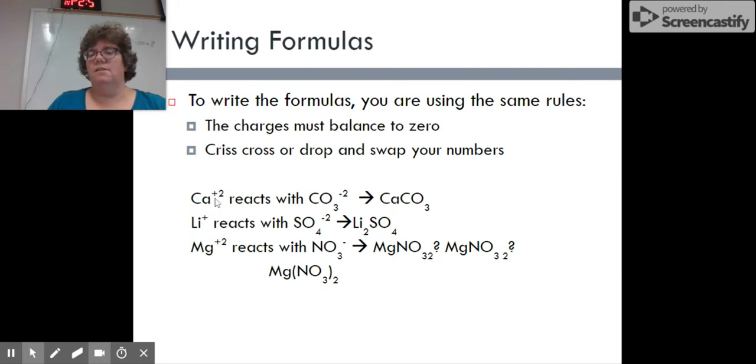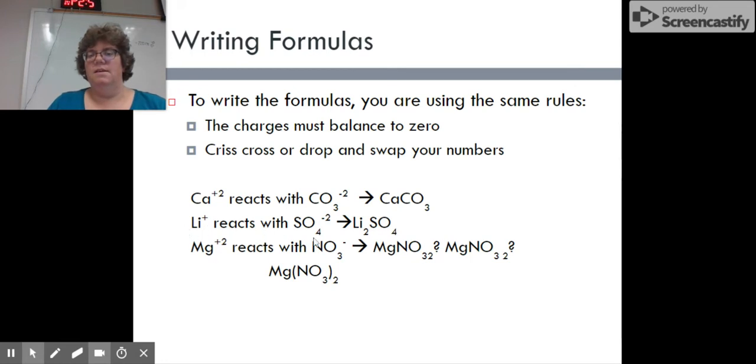So this one I have calcium with a +2 charge, and this one with a -2 charge. So they react together, and we get CaCO3. It doesn't get any extra numbers, but the 3 has to stay with the oxygen. So we got our calcium carbonate.